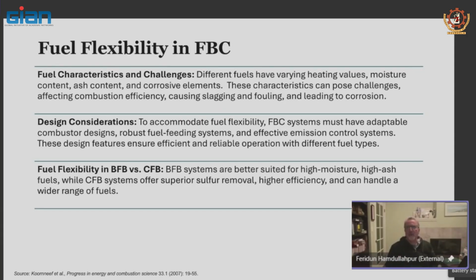You also have to have a proper emission control system to be able to adjust temperature, air, and sorbent amounts.